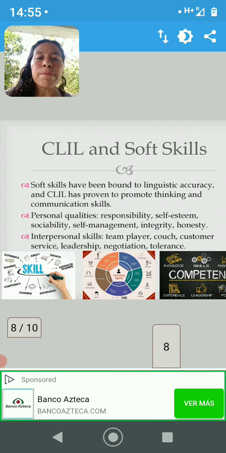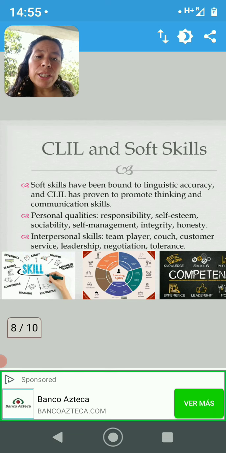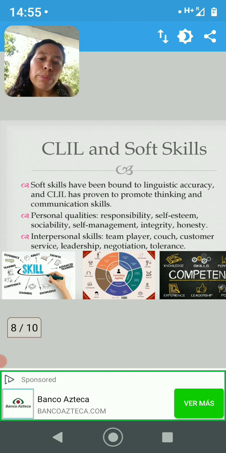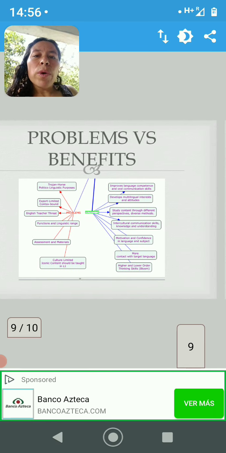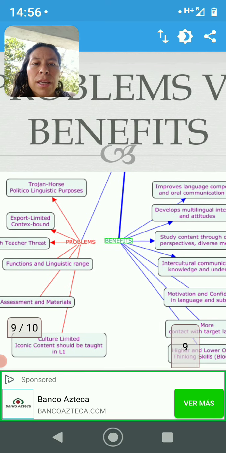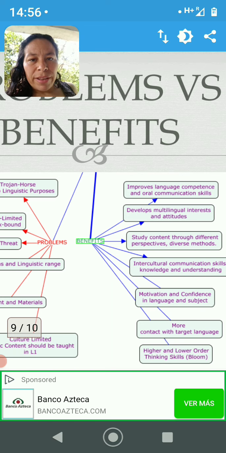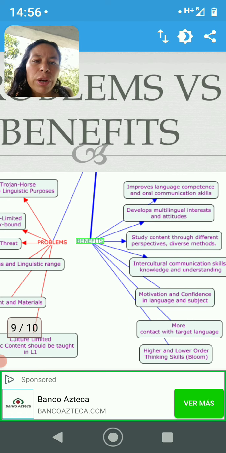Now, CLIL also helps develop soft skills, because linguistic accuracy is bound to these personal qualities and interpersonal skills. And now we have some benefits of CLIL, such as the fact that it improves language competence and oral communication skills.